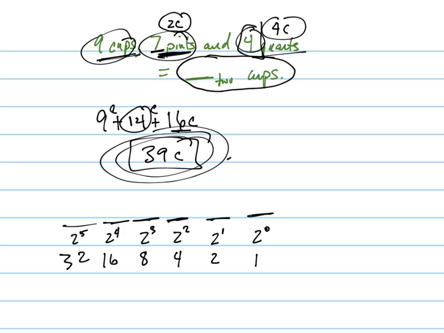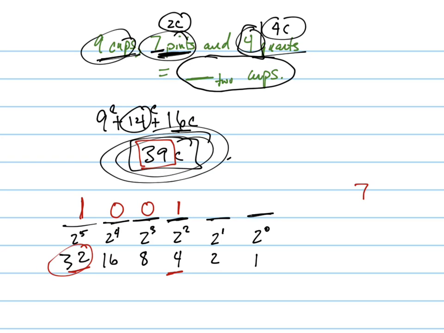So I need 1 32, and now I've got 7 left. I need 0 16s. I need 0 8s. I need 1 4. That gives me a total of 36. I need 1 2. Oh, buddy. Totally don't know what you're doing.